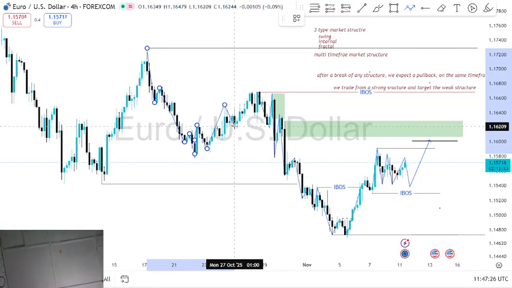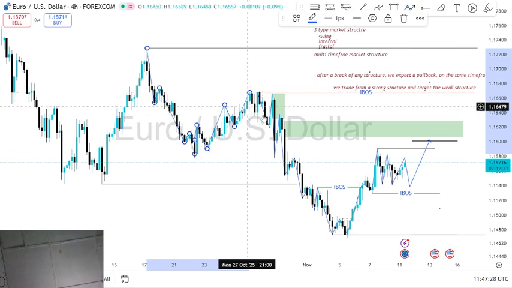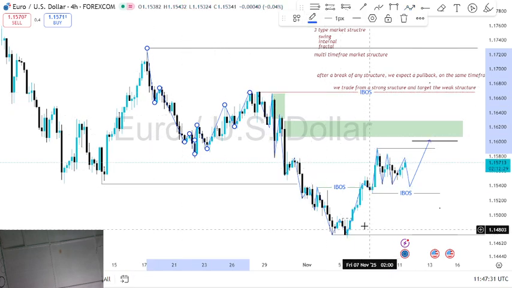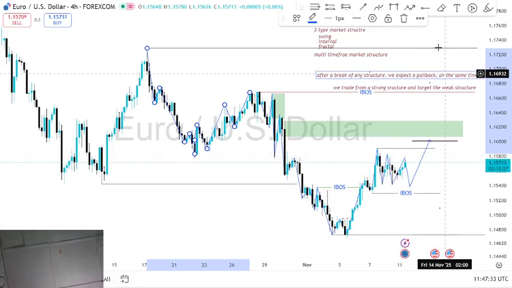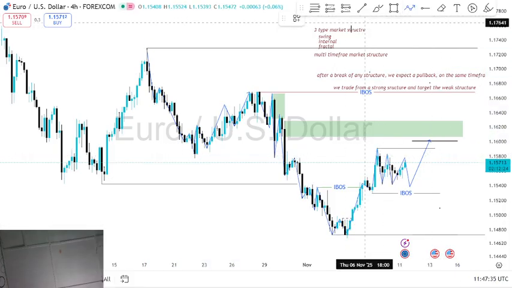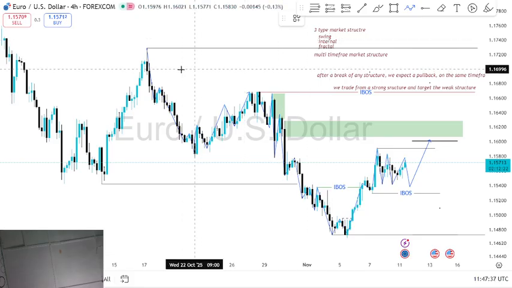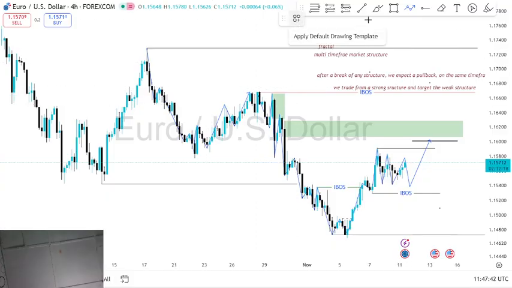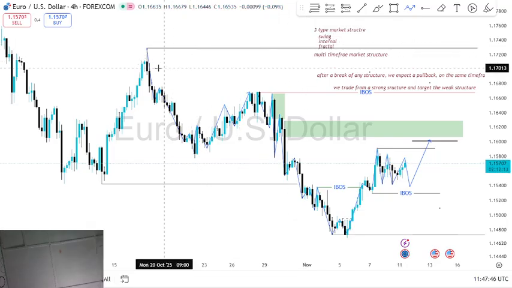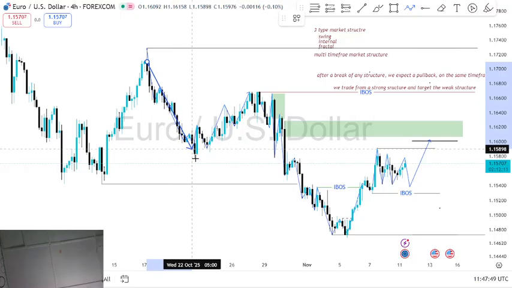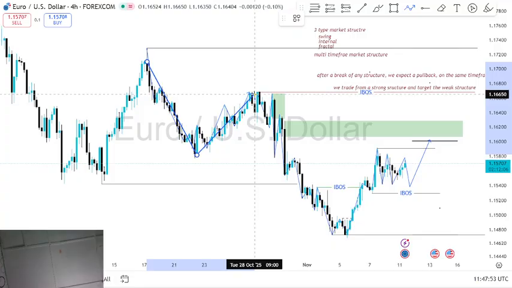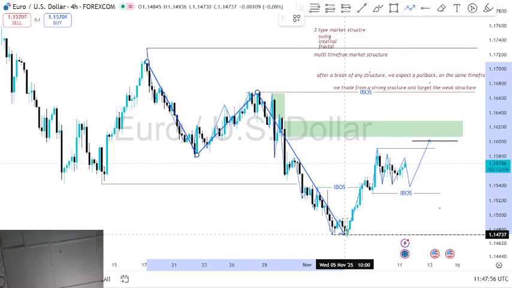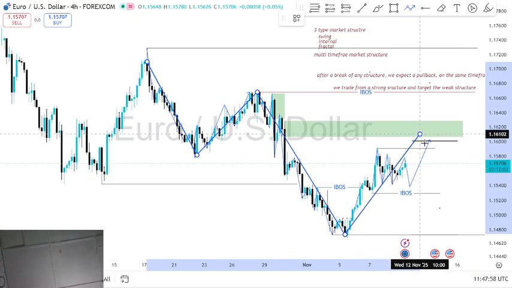Price moves to the upside, moves to the downside, moves to the upside. So we had this move here, right? If that's the case, this one is the internal. So internal was just one, two.